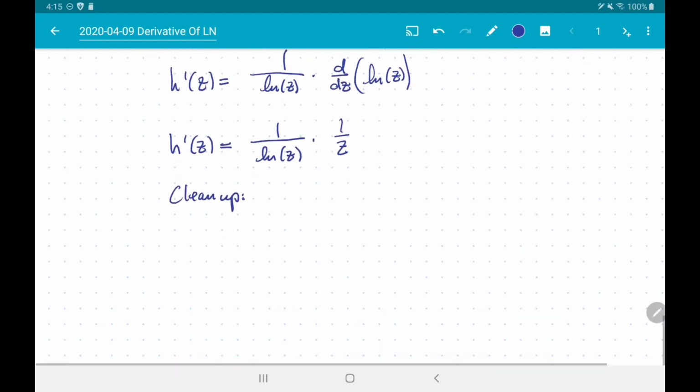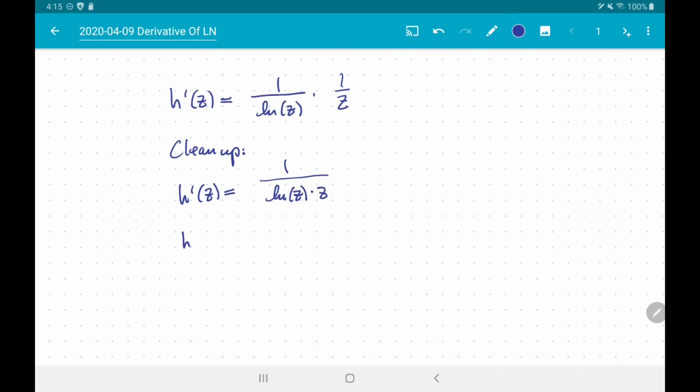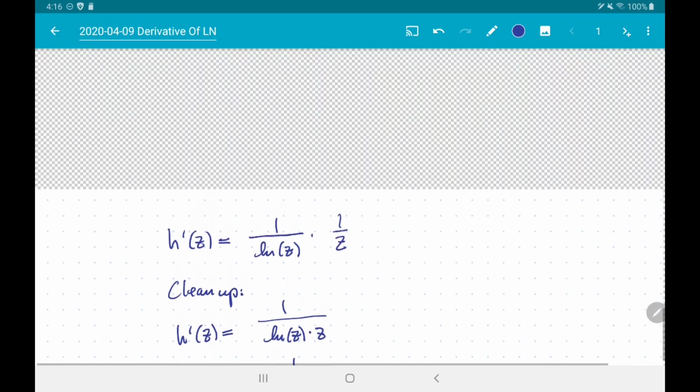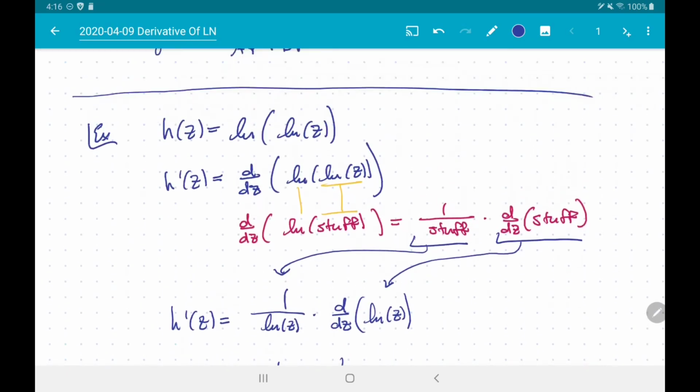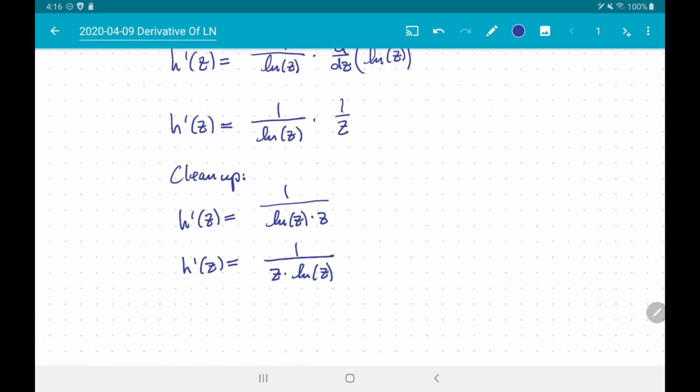Can you see how to clean this up? We'll just multiply the two fractions together. And for reasons that I think are purely because it looks better, it's traditional to put the multiplication by z on the left in something like this. So there you go. The derivative of ln of ln of z is actually 1 over ln of z times z, like that.